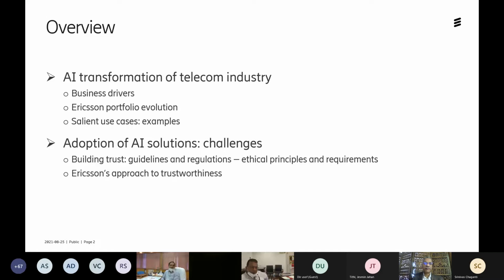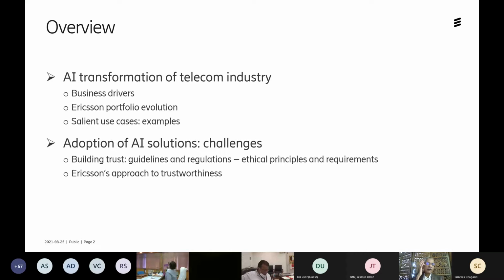What are the business drivers which are motivating these considerations? Then we touch upon how Ericsson is adapting and evolving its portfolio to satisfy the emerging needs. And finally, in that part, we also pick up a set of representative use cases that we have worked on. These are mostly in production deployments today. So I will talk about a few of those use cases.